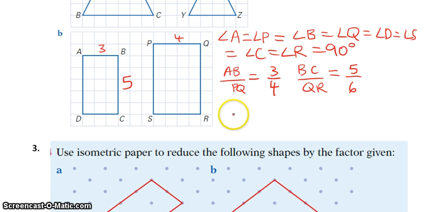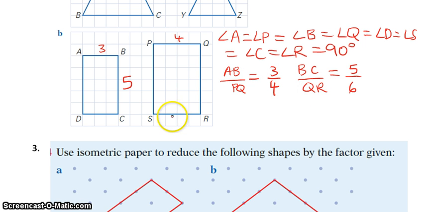Now straight away there, even though all the angles are the same, I can see that these two sides are not in the same ratio. Like 3/4 is not the same as 5/6.